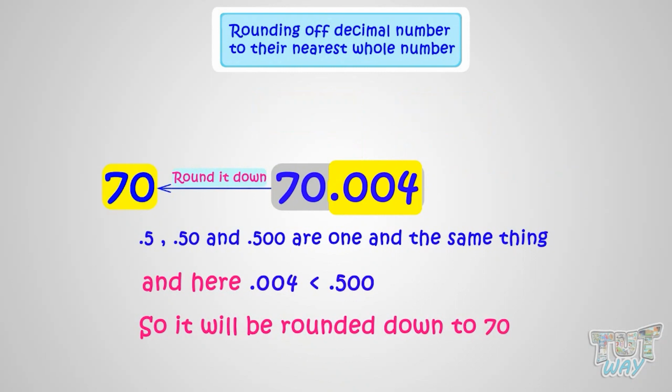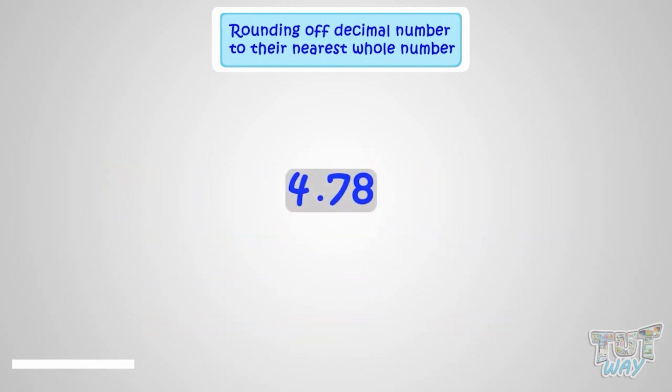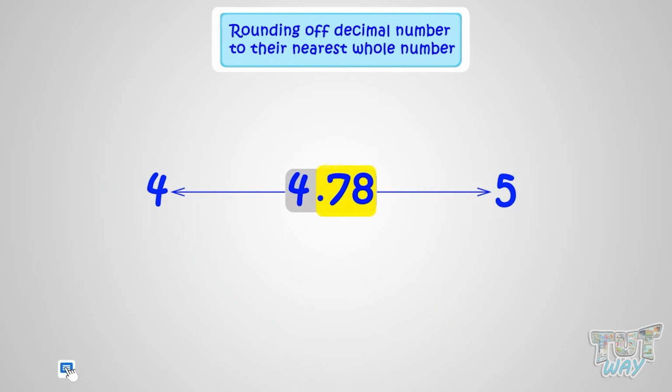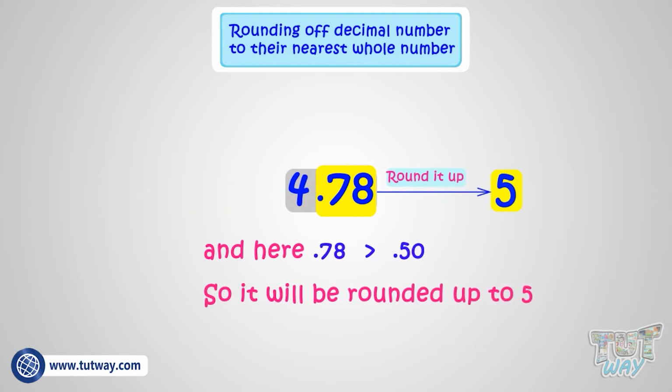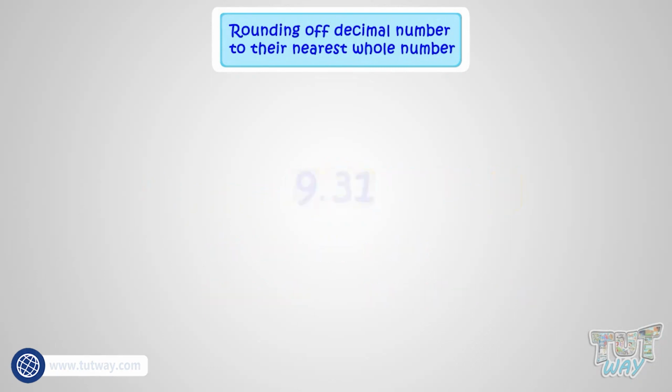So kids, now we know how to round decimal numbers to the nearest whole numbers. Let's round off some decimal numbers quickly now. 4.78. It lies between 4 and 5. 0.78 is bigger than 0.50, so it will be rounded up to 5. 9.31.